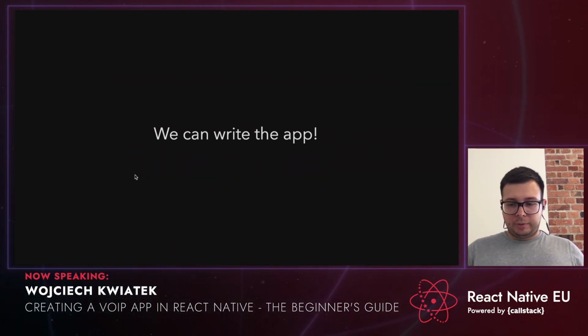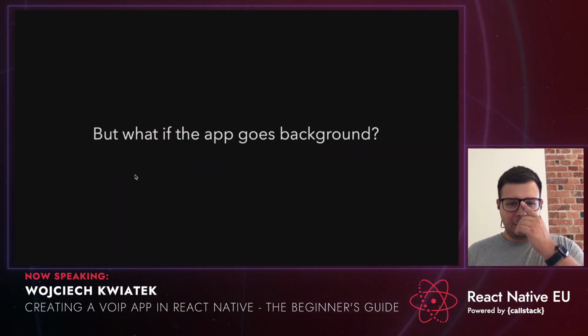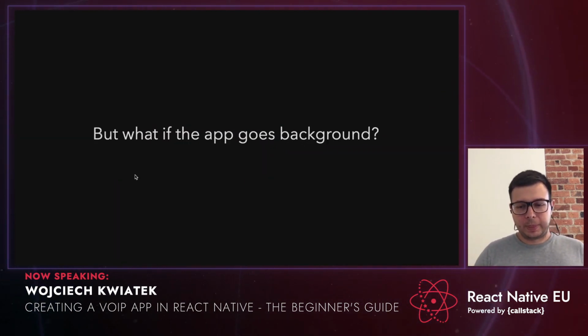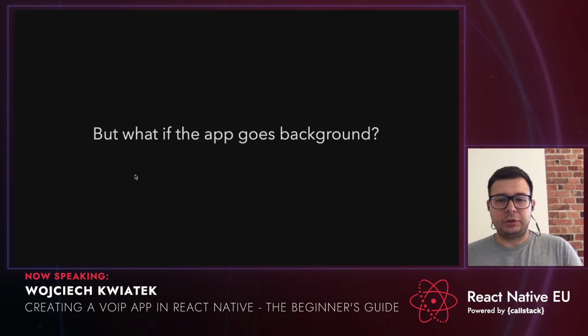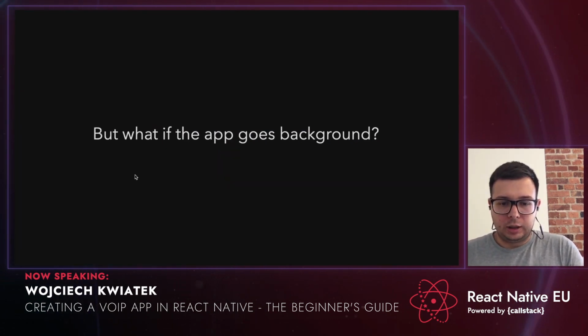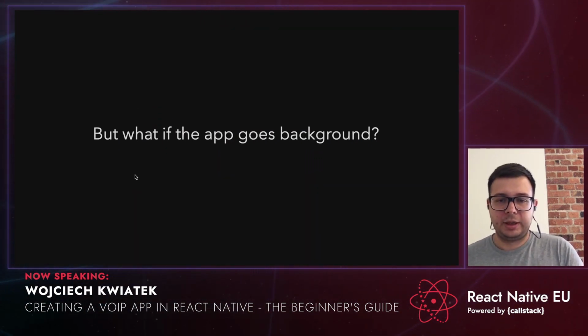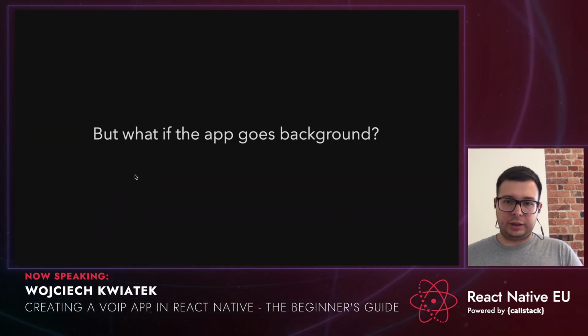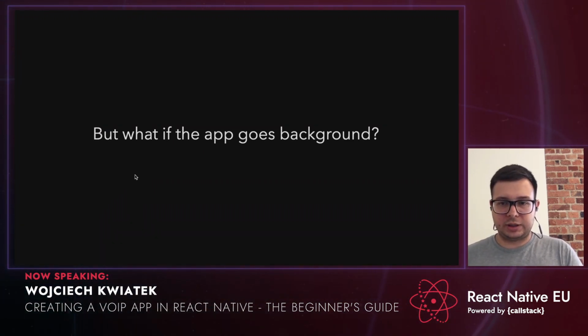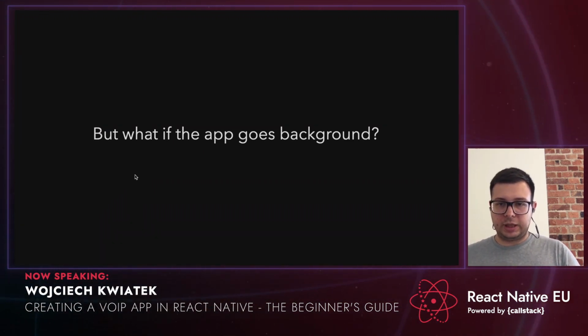But there's one problem when it comes to mobiles. What if the app goes to the background? This is a problem that we don't really have on web apps, because usually you open a tab, you are doing something, even calling, you are in the middle of a conversation, you close the tab, and that's gone.